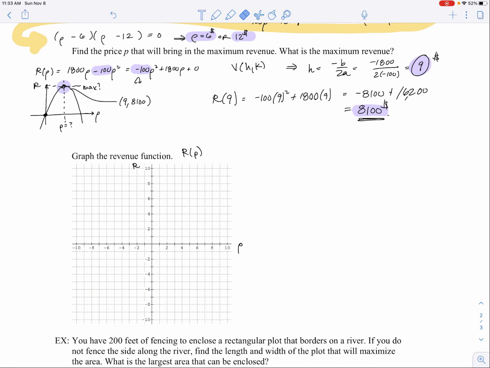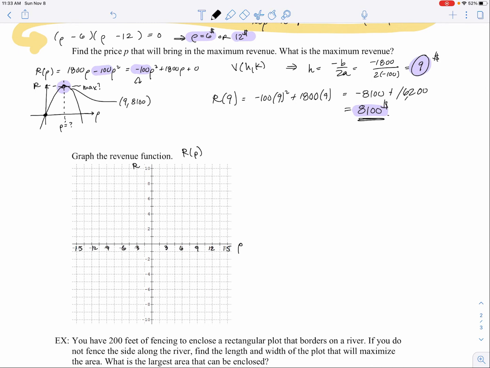Let's see here. Let's do this in 3s instead of 2s. We'll make this 3, 6, 9, 12, 15, negative 3, negative 6, negative 9, negative 12, negative 15.